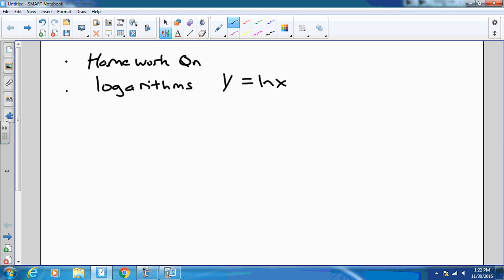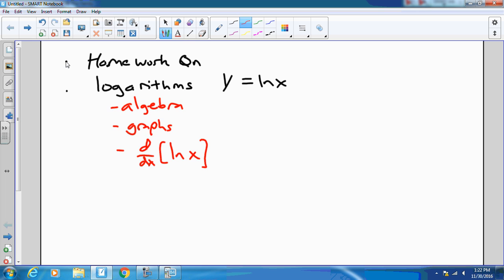When we look at y equals ln x, we're going to look at the algebra of natural logs. We're going to take a look at the graphs, and then we're going to take a look at the calculus of the derivatives. So our goal for today is to walk away with the derivative of natural log, and we'll do some examples also. So with that said, do you have any homework questions?